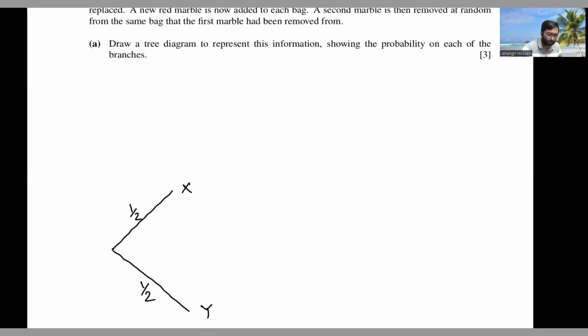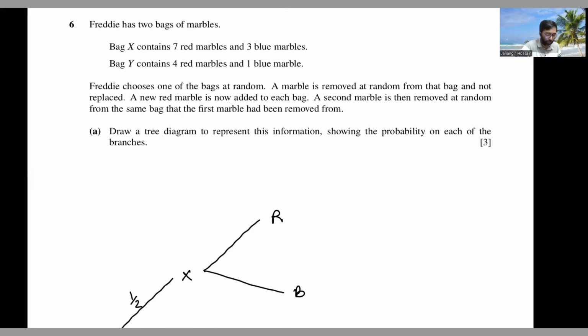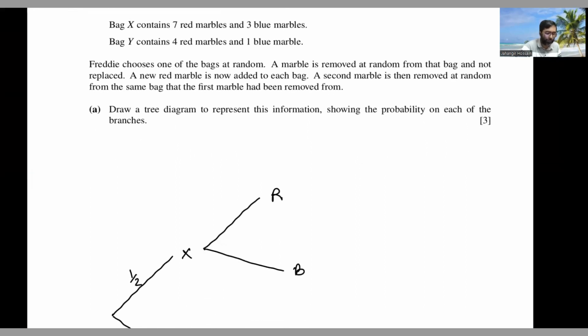And from bag X, if you choose the first marble, it can be either red or blue. The probability of the first marble from bag X being red is 7 by 10, blue 3 by 10.